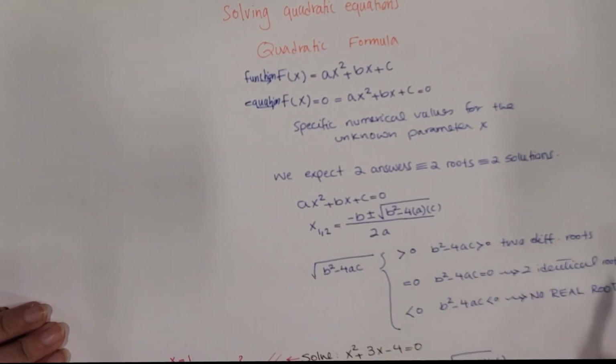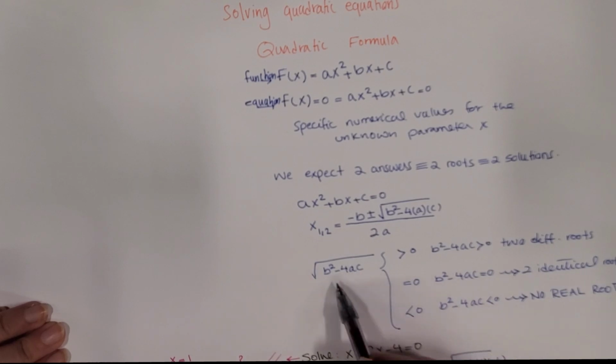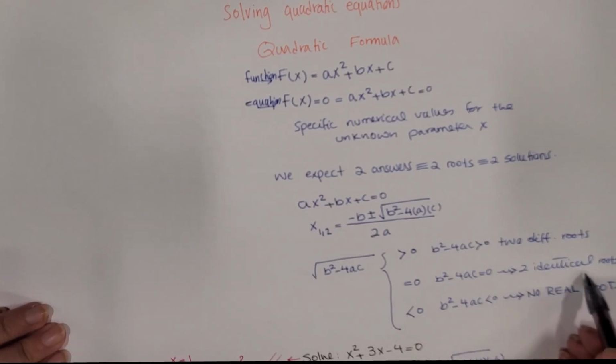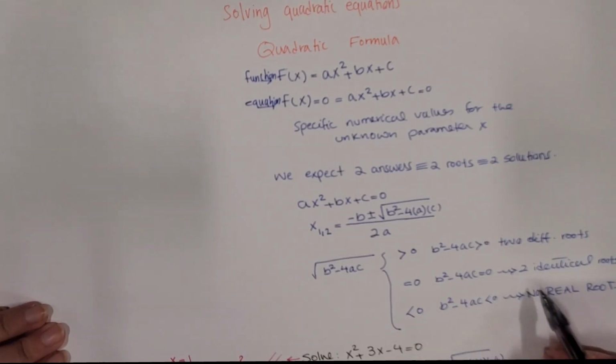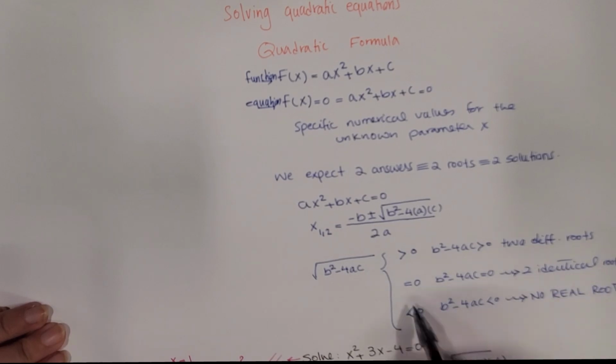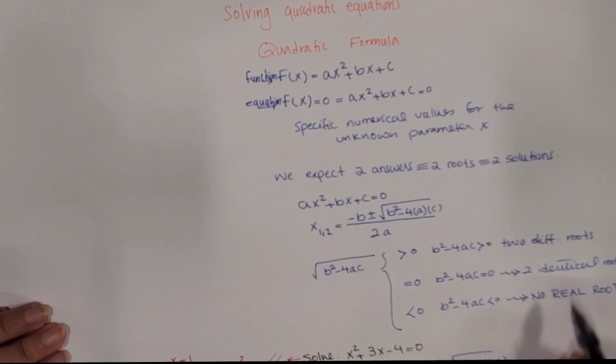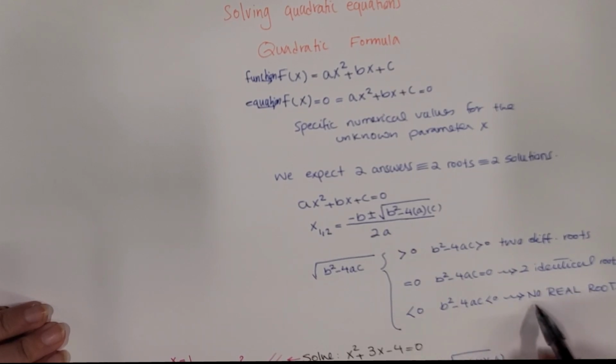The values would be different. But if the radical b squared minus 4 times ac is equal to 0, then we still have 2 roots, but then they are identical. If the radical is negative, it's less than 0, in that case, we wouldn't have any real roots.